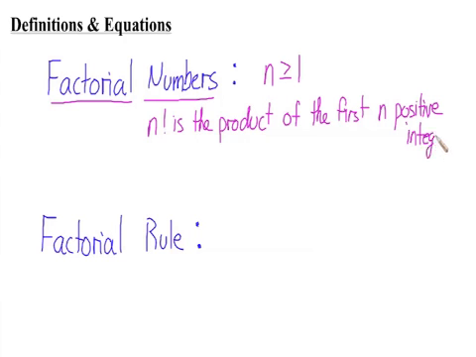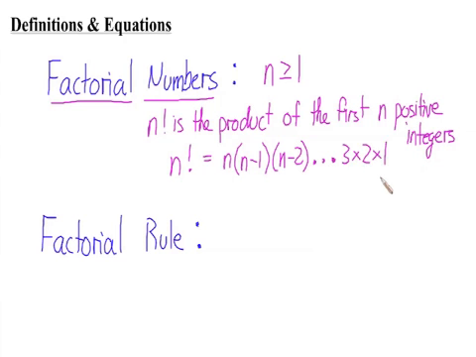Integers being 1, 2, 3, 4, 5, 6, 7, all the way up. In equation form, n factorial looks like this. I'm going to multiply n by n minus 1 by n minus 2 until I get down to the bottom positive integers like 3, 2, and 1. And again, this symbol right here, n with the exclamation point, is read as n factorial.